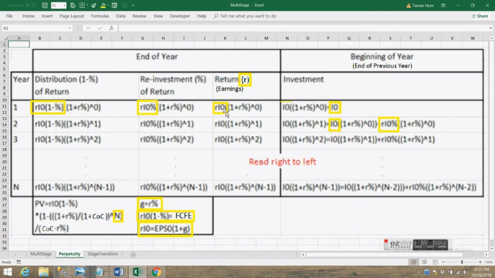Now here at the end of the year, there's been a cumulative return or earnings made throughout the year against that investment. And then at the end of the year, management decides to reinvest a portion of those earnings back into the company, and then 1 minus that amount being reinvested back in the operations of the company is distributed out to the stockholder.